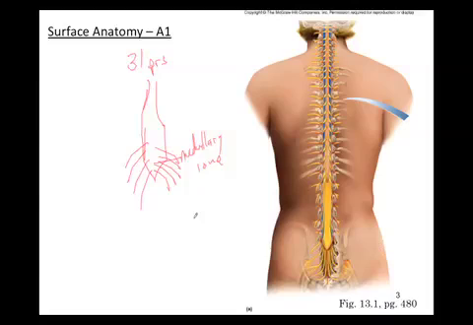No, you're not really seeing it on this picture. Let me double check the book, but no, we're not. I don't think we're seeing it there. No, it looks like it, but it's not. It's actually going to be right up in here.